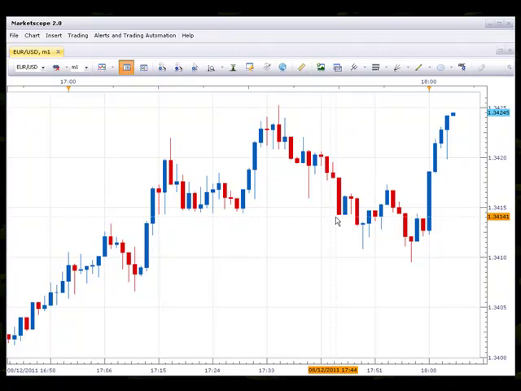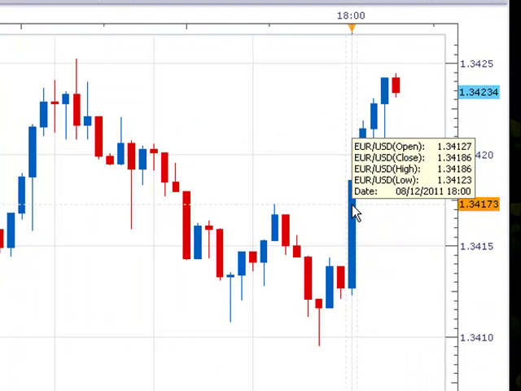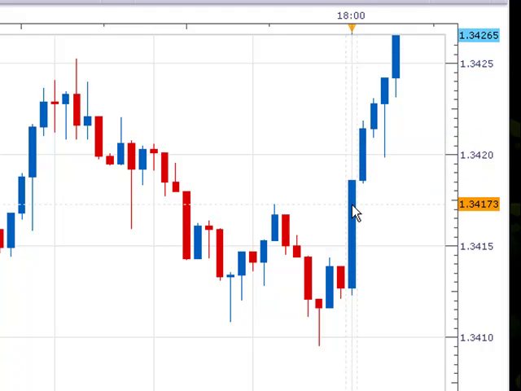You can access all the price candle information by using the price candle information box. If you left click on any candle, a pop-up box appears like this, and it displays the candle details. In this example, we have clicked on this large candle here, and with the left click function of our mouse, the pop-up displays the price details for this candle, along with its date and time.